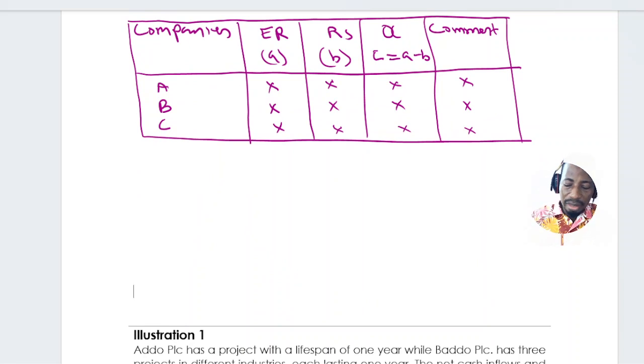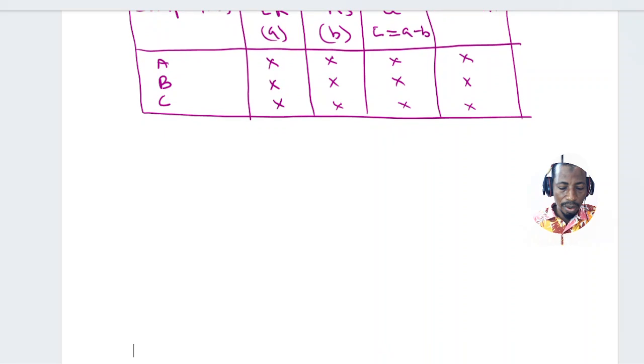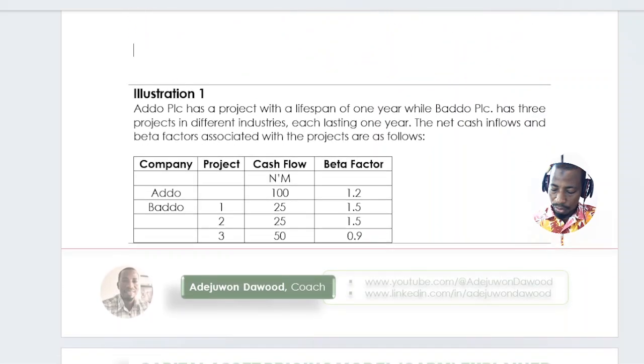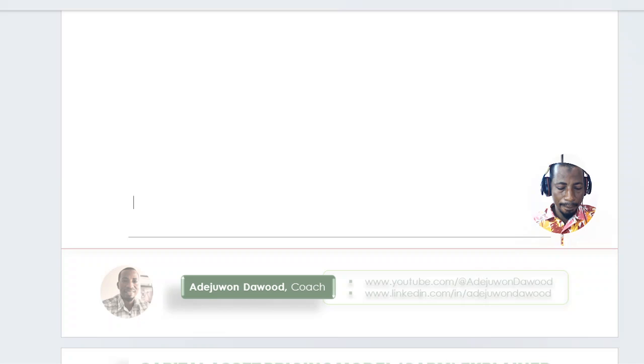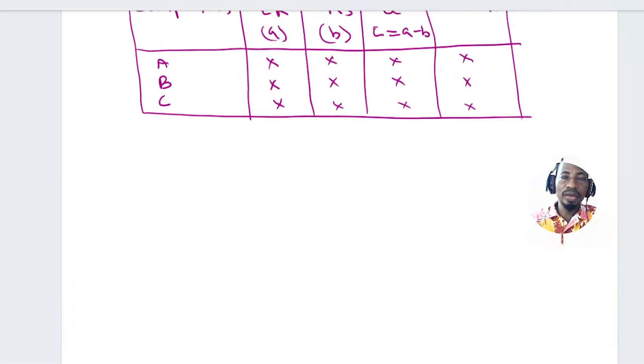So generally, when you want to advise, there are three ways depending on the alpha value computed. Interpretation.